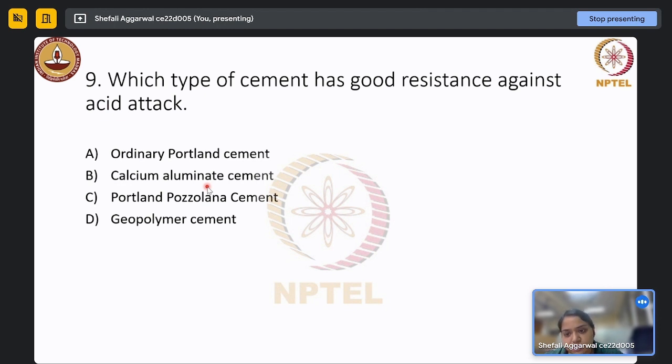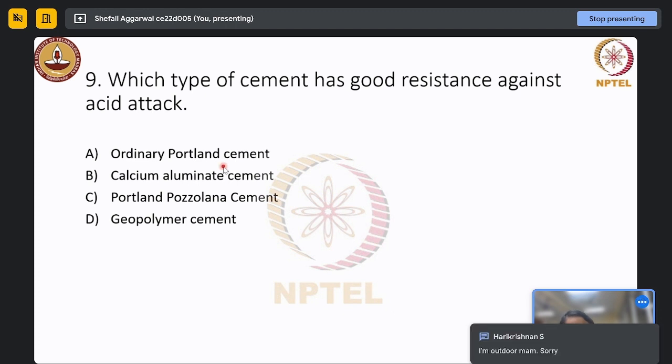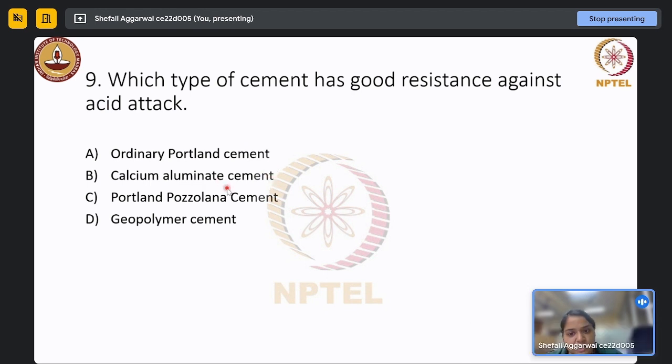Also C3S is very low in calcium aluminate cement, whereas in other types of cement it's higher. In calcium aluminate cement, high aluminate and low silicate is present, and when acid attack takes place, it mostly consumes the silicates from the concrete. Based on that, we are saying that calcium aluminate cement has good resistance against acid attack.